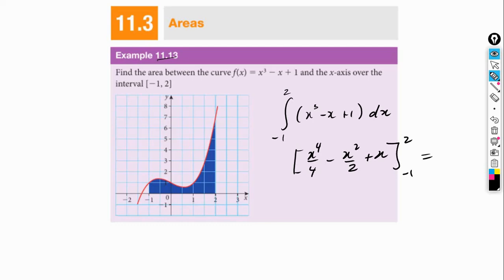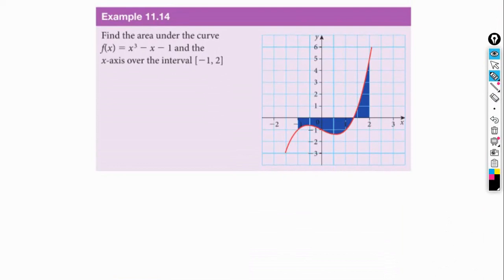So we're going to get here 4 minus 2 plus 2, and this minus, we plug in -1, we're going to get 1/4 minus 1/2 minus 1. And this is going to give us 21/4.